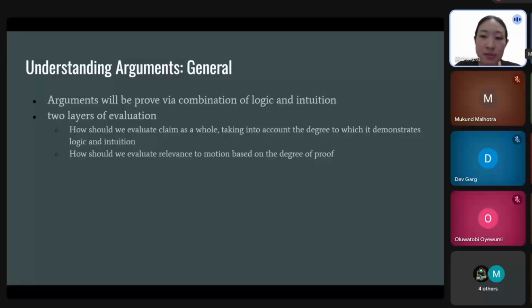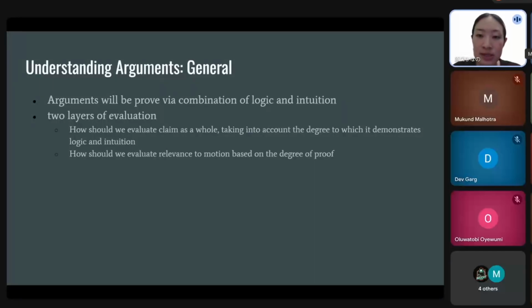Even if there are multiple intuitions, it can be vulnerable to logical explanation. So the combination of logic and intuition is important to prove the argument, and it's important for judges to acknowledge that both are important.